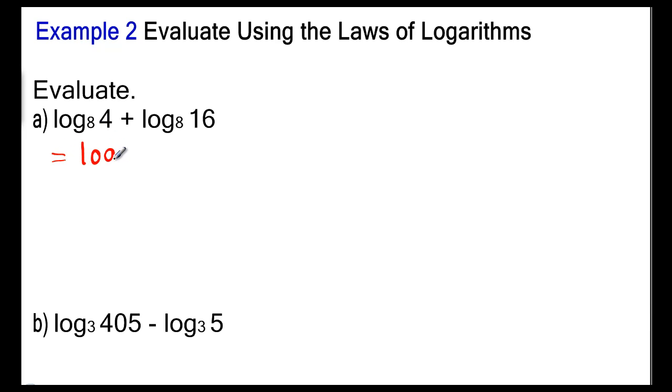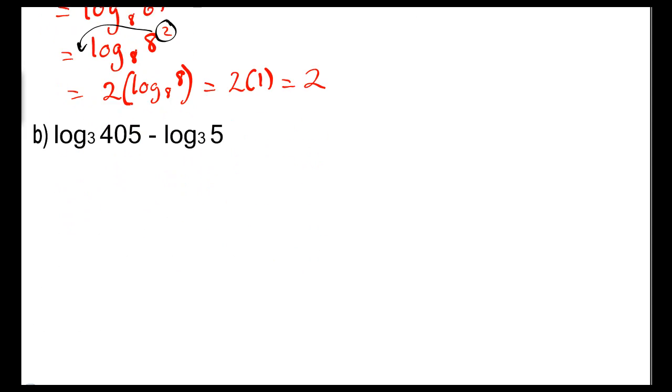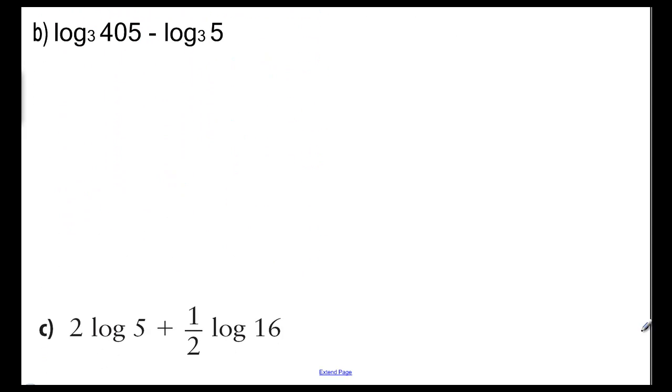So I can push the 4 and 16 together by multiplication, product law. 4 times 16 is 64, and this works out quite nicely because I can write 64 as 8 squared, apply the power law, which says I can take that 2 and move it in front, and I end up with 2 times the log of 8 to the base 8, which is equal to 1, so it's really 2 times 1, which is 2. And you can try the question B and question C down below.